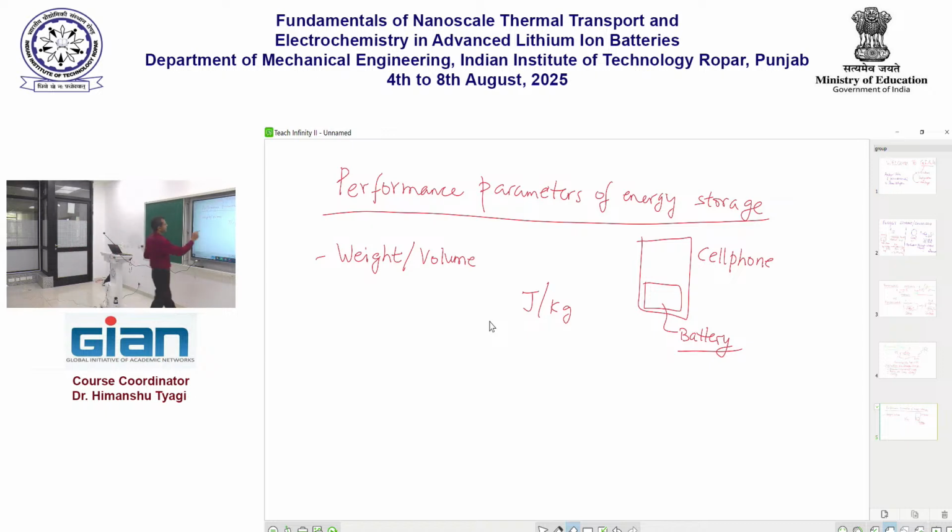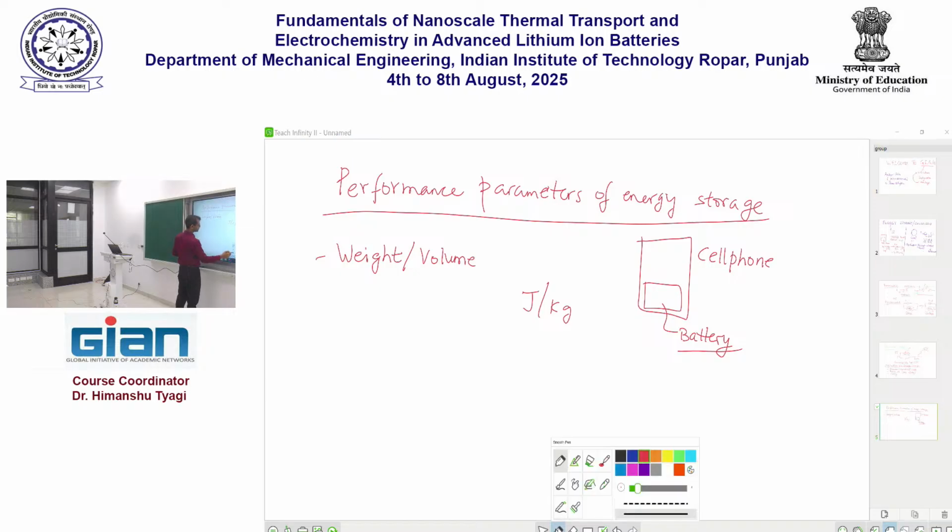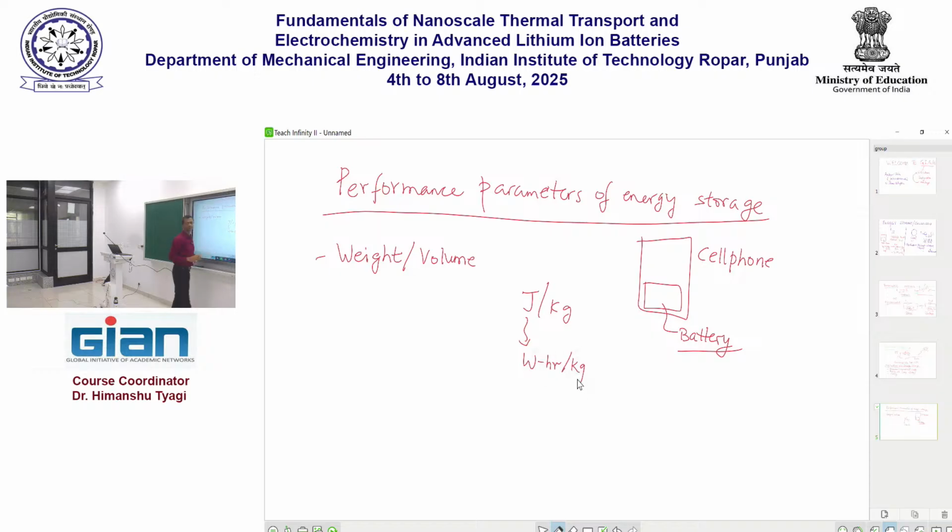By the way, instead of joules, I can express it in the form of watt hours per kilogram, or as you were saying, amp hours per kilogram at a certain voltage.